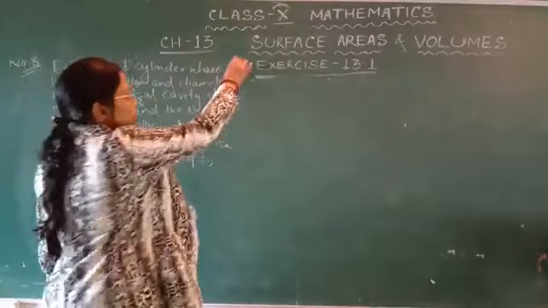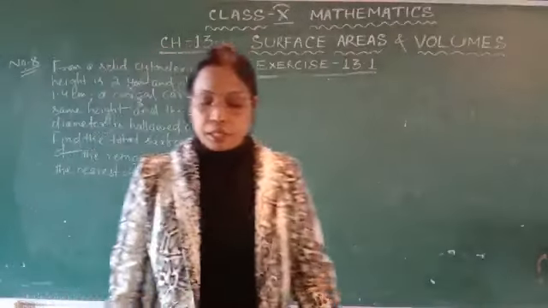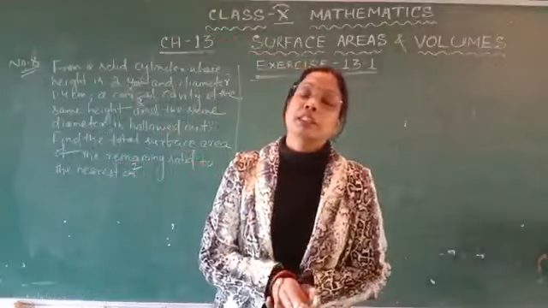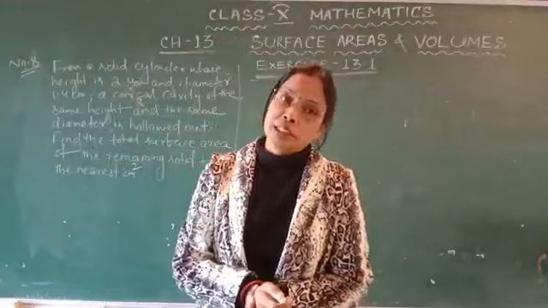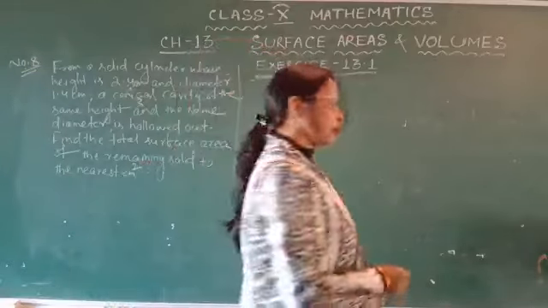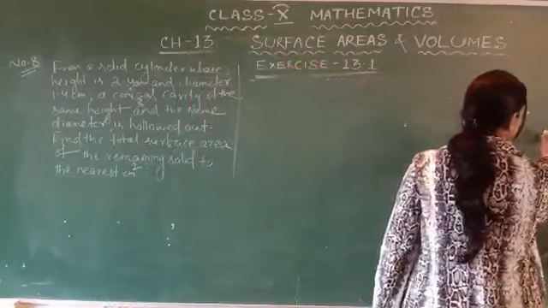So according to our question, from a solid cylinder, the solid is in which shape? It is the cylinder whose height is 2.4 centimeter and diameter is 1.4 centimeter.